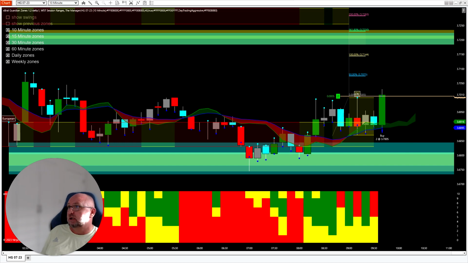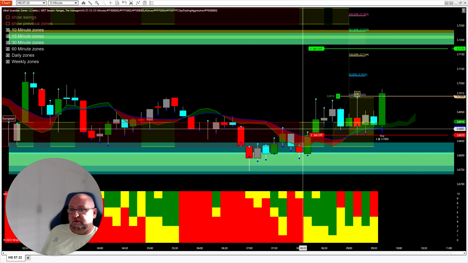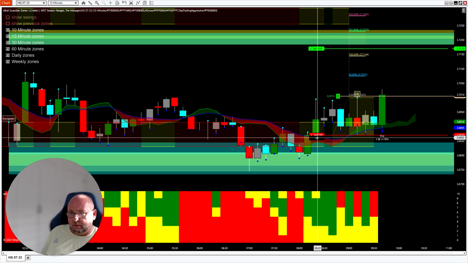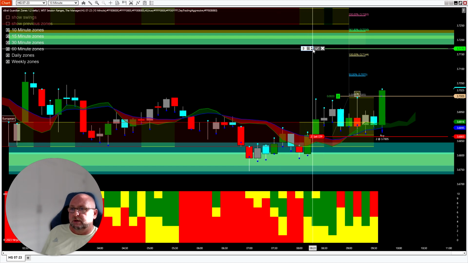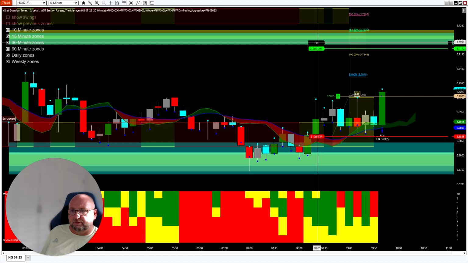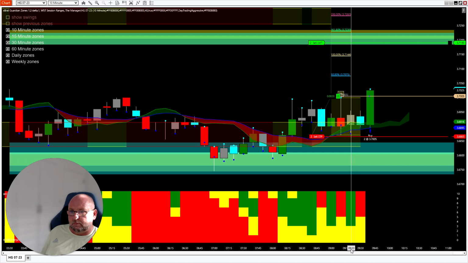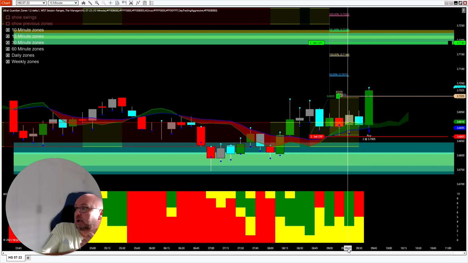So what I need to do is just apply an ATM, and I want to put the stop just underneath the low of the range. Okay, so I'm going to put the take profit just inside that resistance zone. So basically I'm going to leave it now.